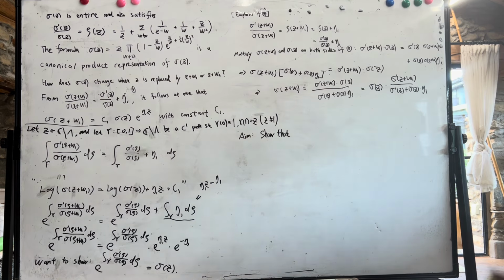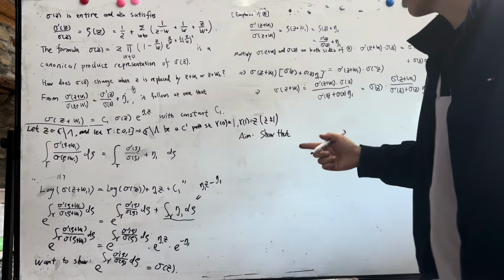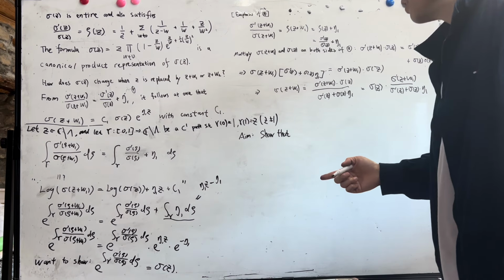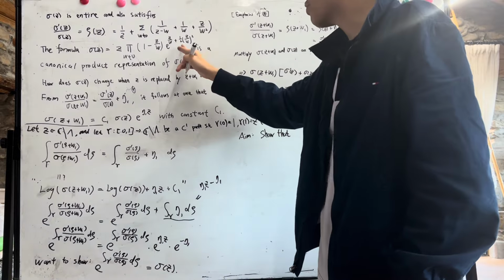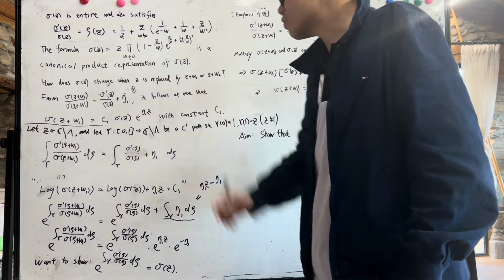So there are points for the sigma z, actually many points, where sigma z is equal to 0.